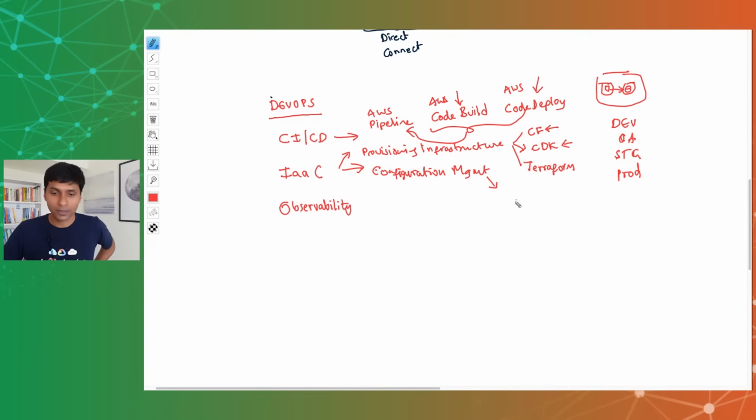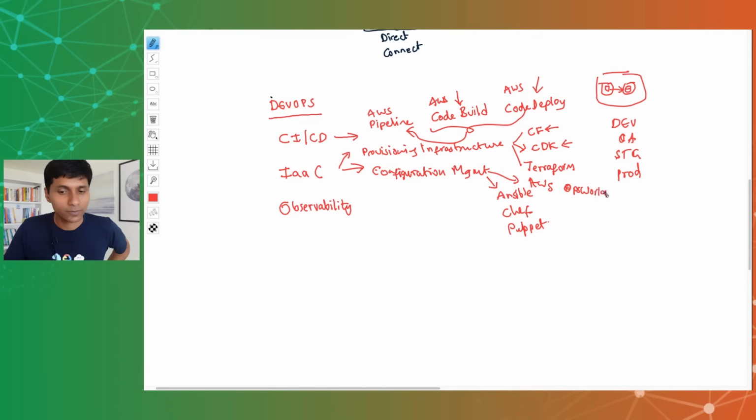If you look at the open source world, some of the popular ones are Ansible, Chef, and Puppet. And in AWS, the managed service is AWS OpsWorks. So you can manage multiple VMs, you can install software, do a lot of things around that using AWS OpsWorks. So these are the things which are related to infrastructure as code. Now, when it comes to observability, typically we talk about a lot of different things, right?